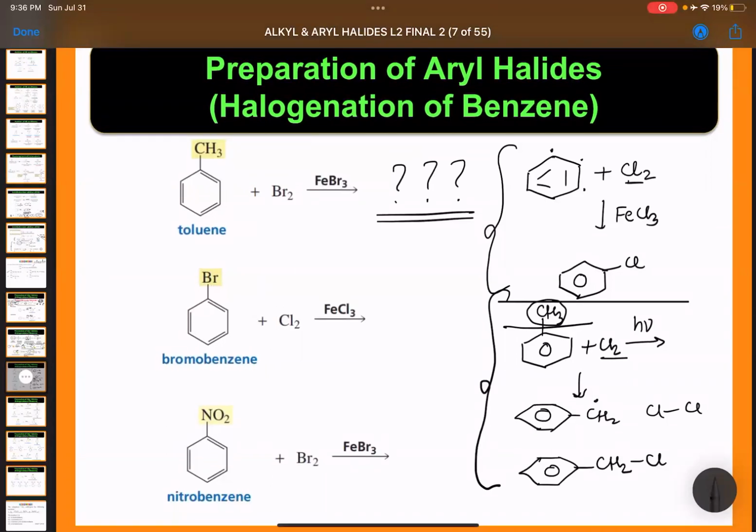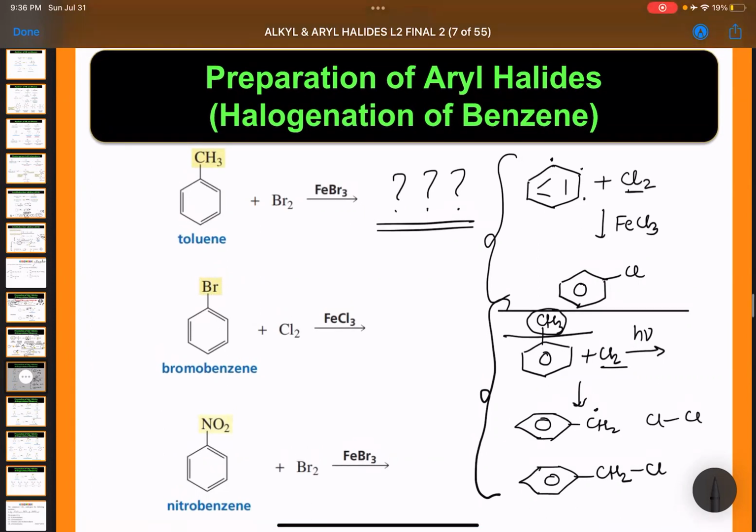So suppose if someone gives you Br2 and light, then you will attach the Br on CH3. That's a photohalogenation reaction. But if someone asks you to do the electrophilic aromatic substitution, then you are going to attach the bromine to the benzene ring. But where on the benzene ring?